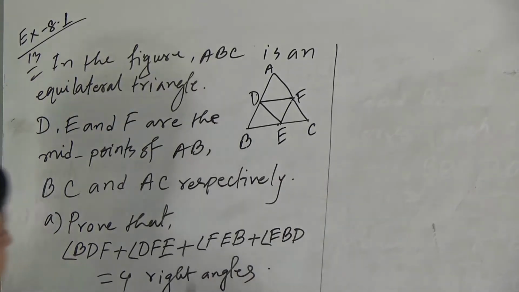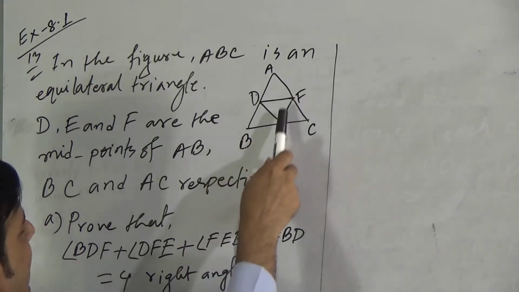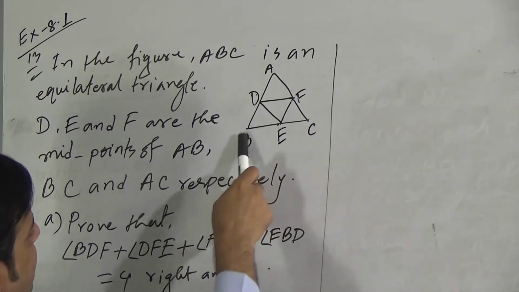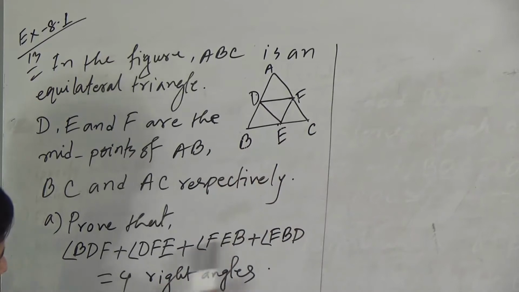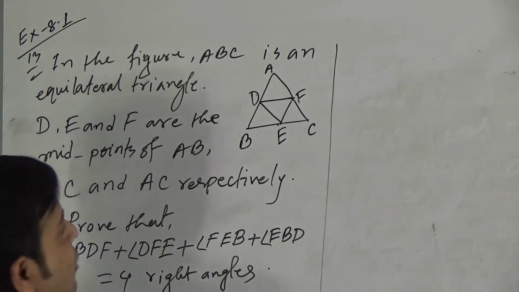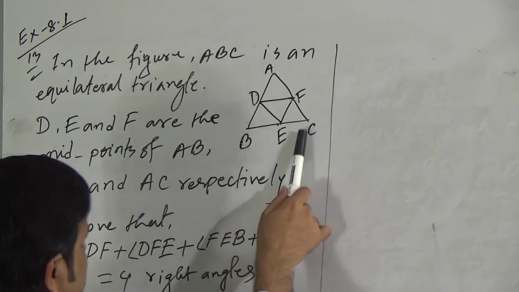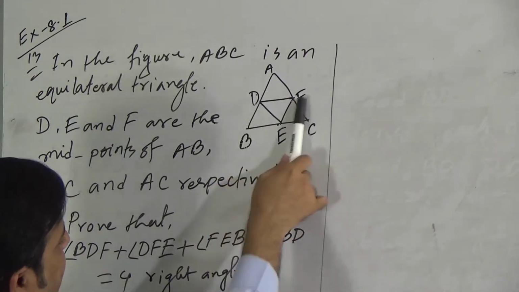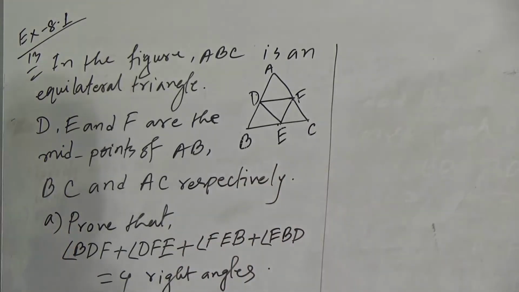It means the sum of angles BDF, DFE, FEB and EBD, the sum of these 4 angles, is equal to 4 right angles. At first we have to prove this. And question B, prove that DF is parallel to BC and DF is equal to half of BC. We need to prove this.